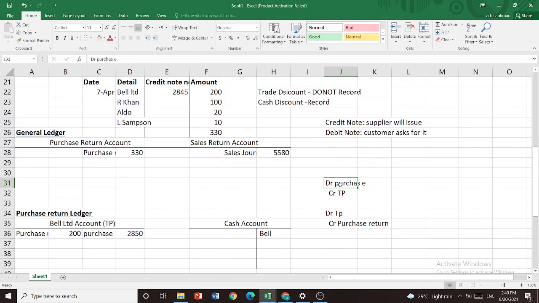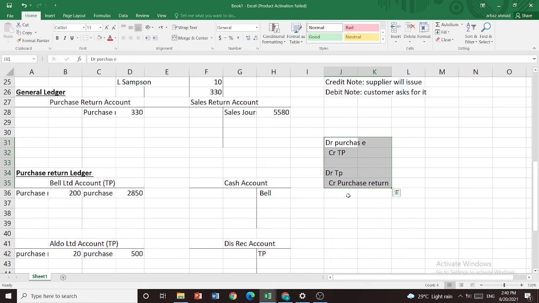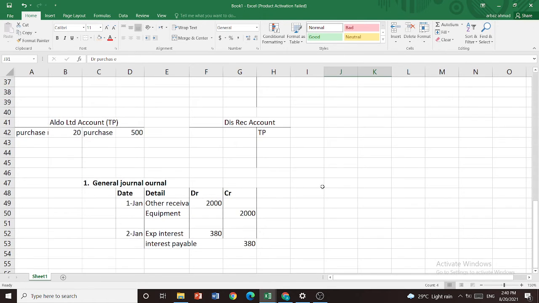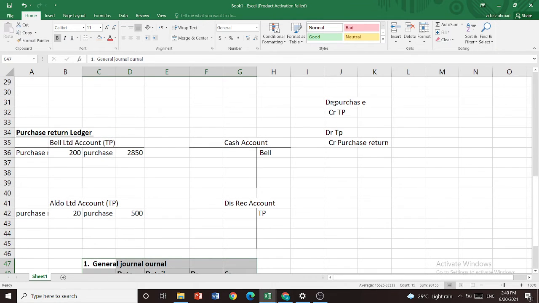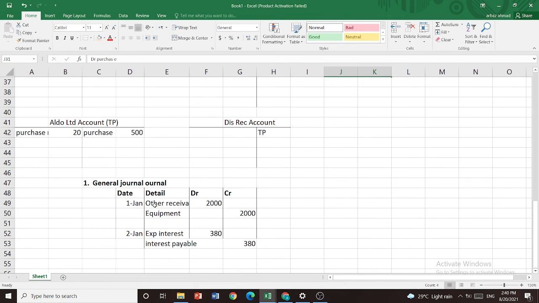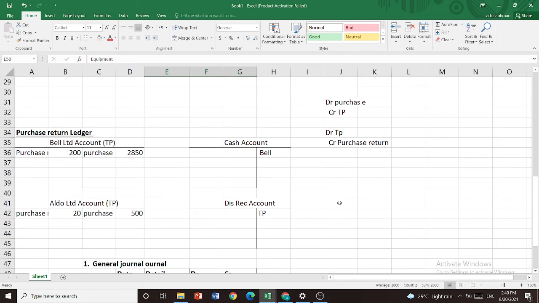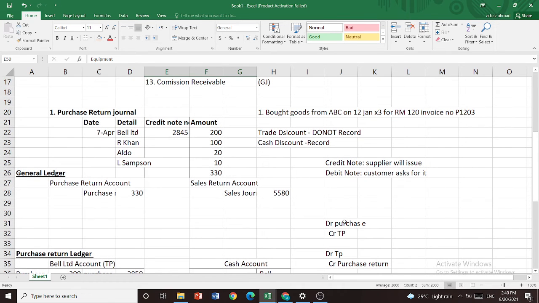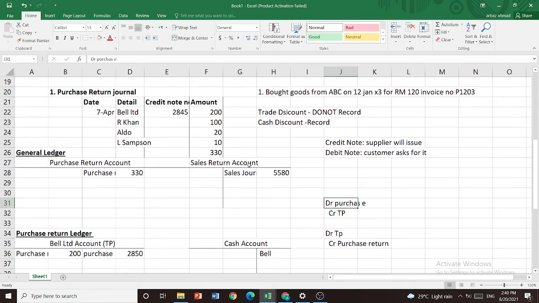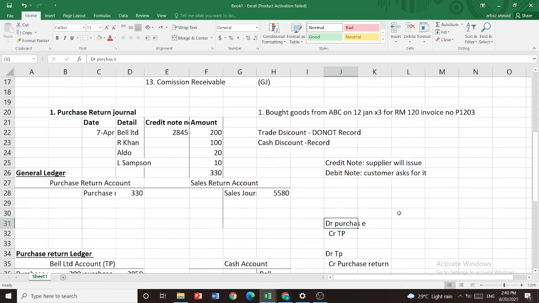Actually I told you I cannot do it like this, right? If I were to make the general journal, I cannot make this transaction here. I should put credit purchase into the purchase journal, and purchase return into the purchase return journal.